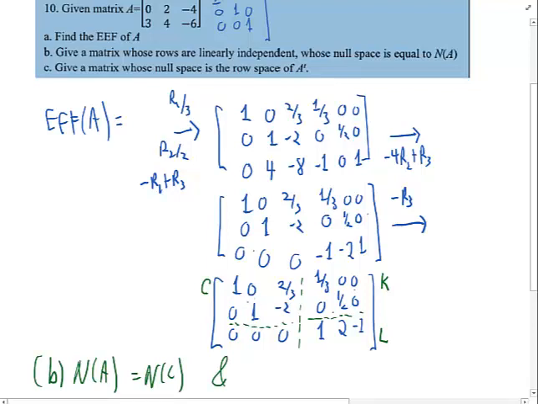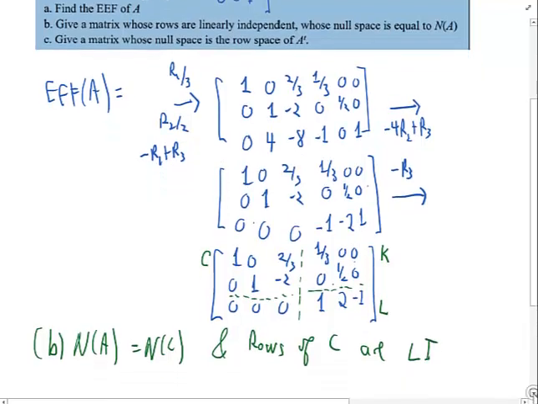You can actually see that because there's no linear combination of these two rows that's going to give you 0, 0, 0. If I have a non-zero multiple of the first row, then the first coefficient is going to be non-zero. If I have a non-zero multiple of the second row, the second coefficient is going to be non-zero. So the rows of C are linearly independent.